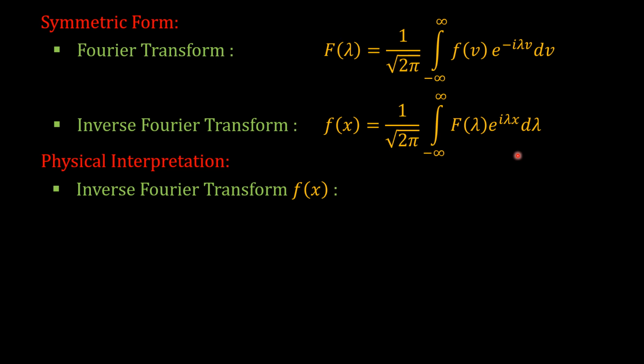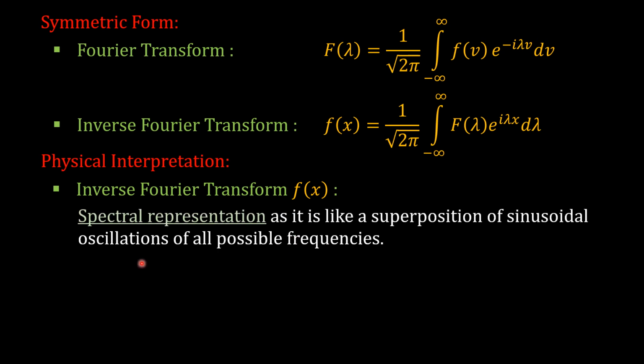So trigonometric terms are there and integration is nothing but the limiting sum. So basically it is a summation of the trigonometric terms. Therefore this f of x gives us the spectral representation, as it is like a superposition of sinusoidal oscillations of all possible frequencies.